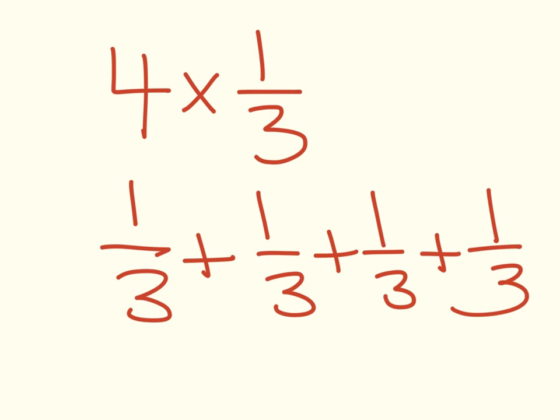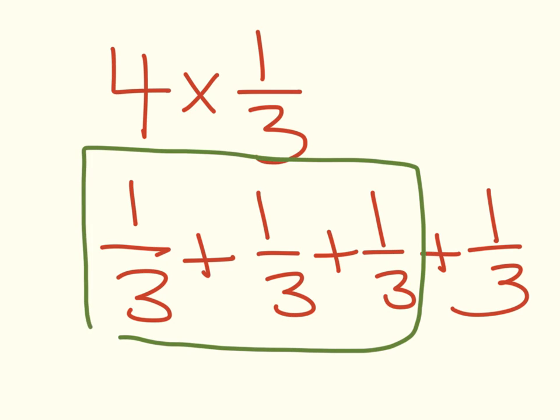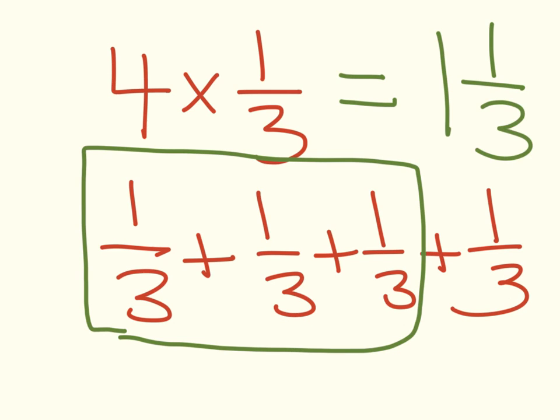Once students have a basic understanding from the visual models, taking it to repeated addition should be an easy transition. We see that I have 3/3 here. So that is my whole, and I have 1/3 remaining. So 4 times 1/3 is 1 and 1/3.